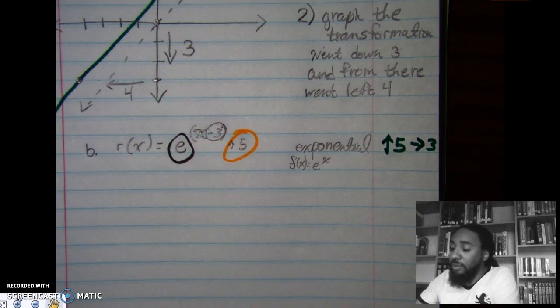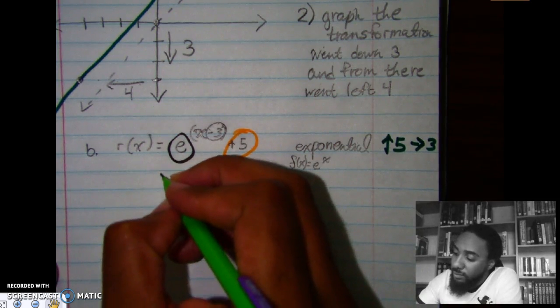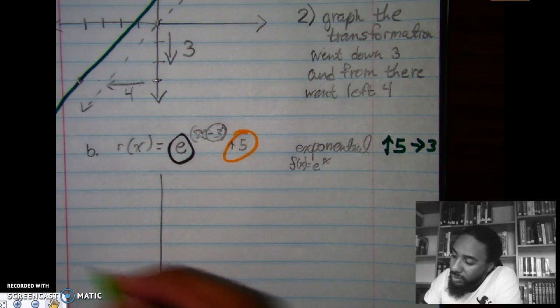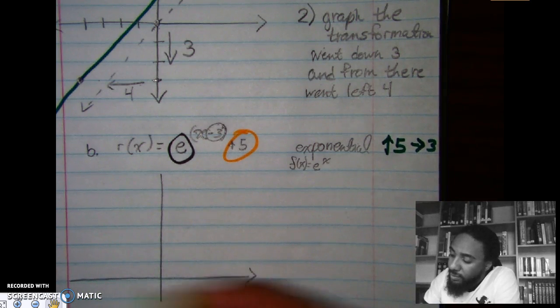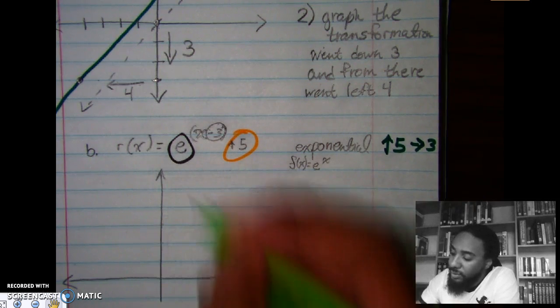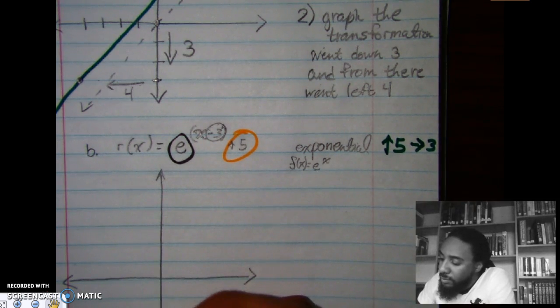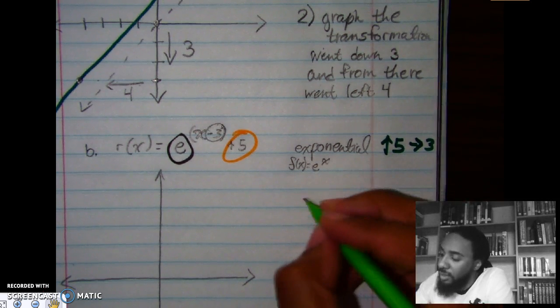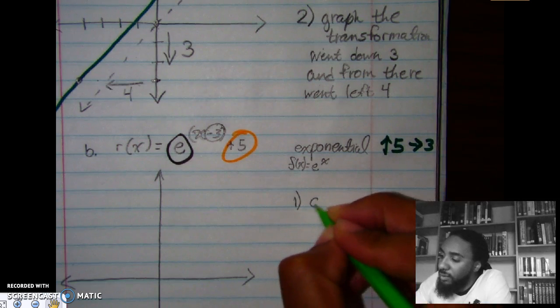Okay, and so now we just go ahead and graph it out like we've been doing. I need to make sure I go up 5. So that's 1, 2, 3, 4, 5. Okay, cool. That works. All right, so with this again, number 1 is to graph the parent.